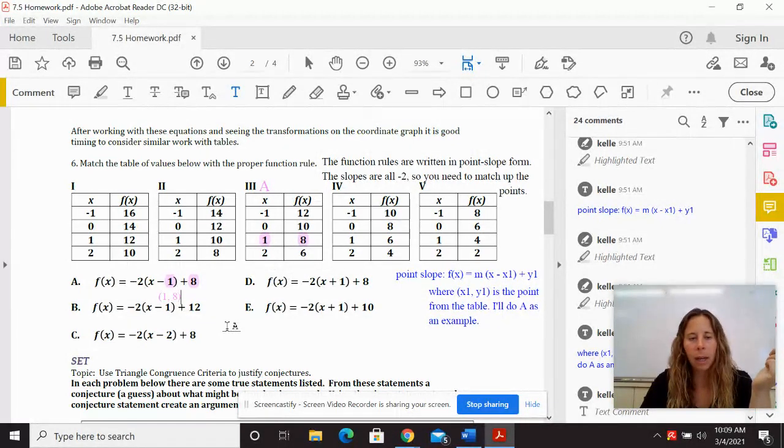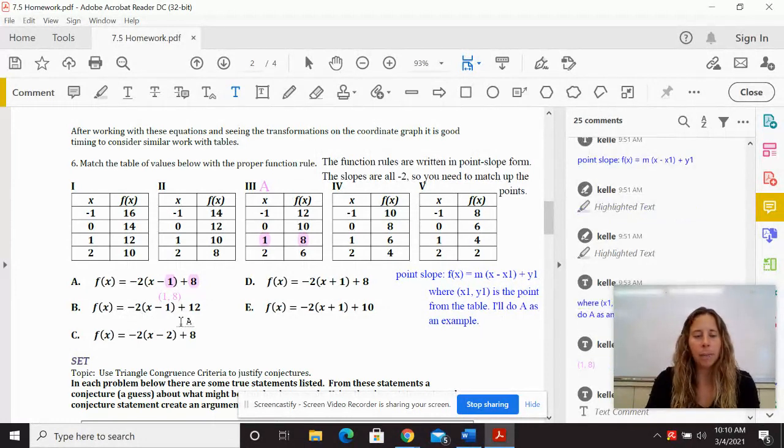Okay, go ahead and figure out B. Pause me and figure out B. Okay, so for B, your point is once again x minus 1, which means it's just a +1. You're substituting a +1 into this equation, and then +12.